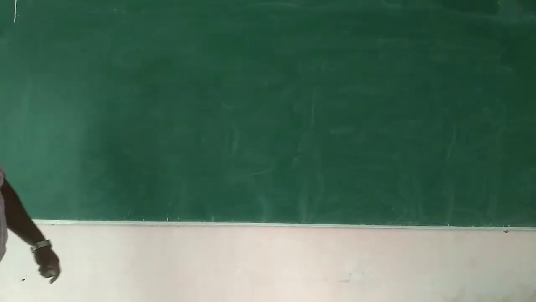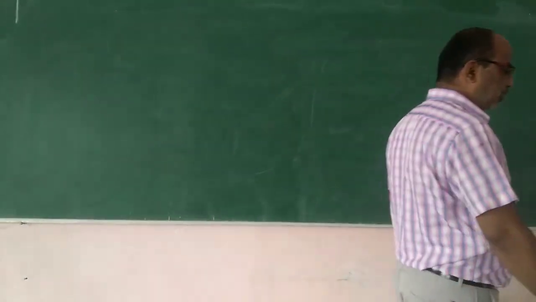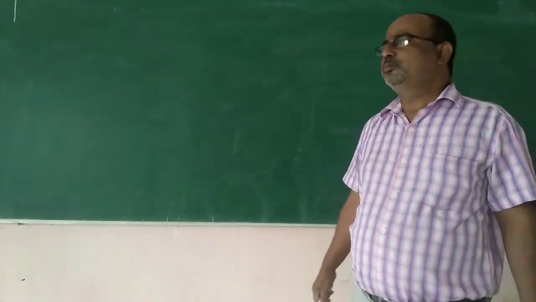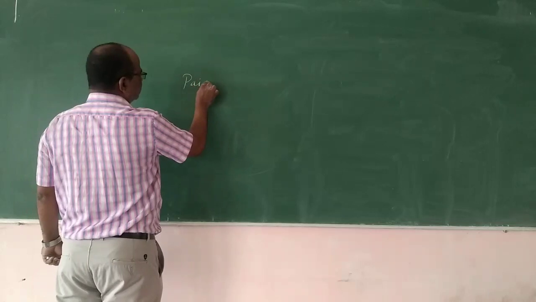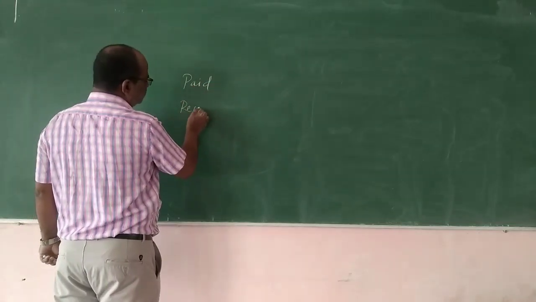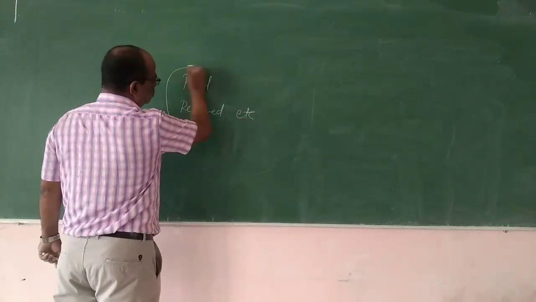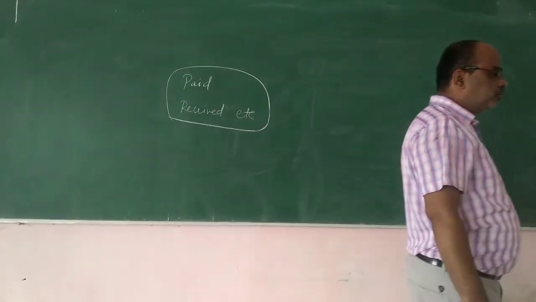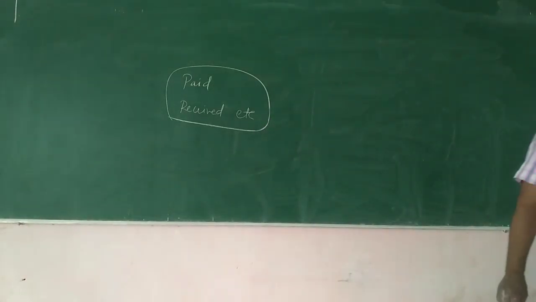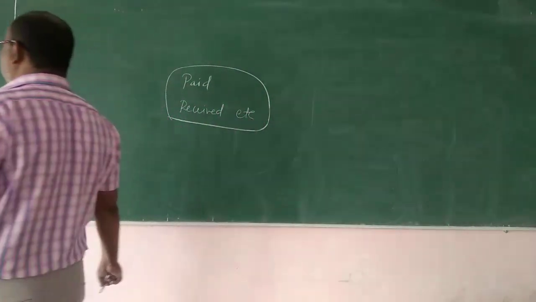Definitely there should be a receipt of cash or payment of cash, that only we record in the double column cash book. So you should not use the words paid, received, etc. You should use the terms for which the transaction has been made.